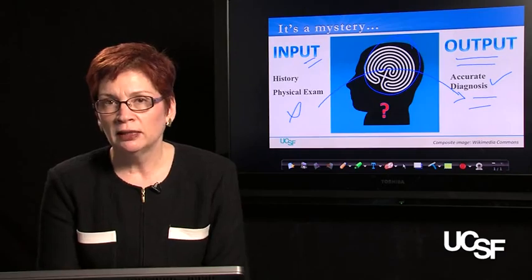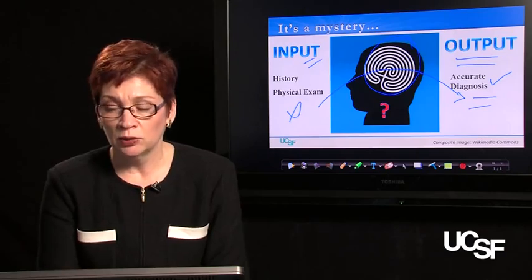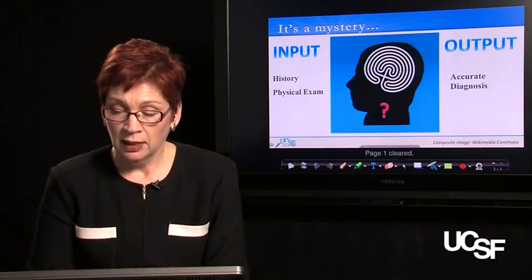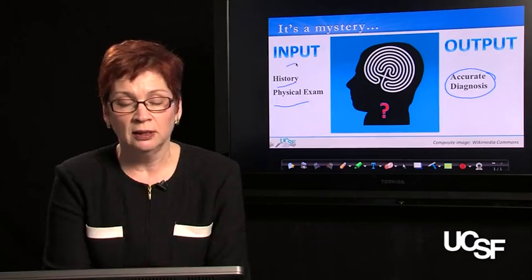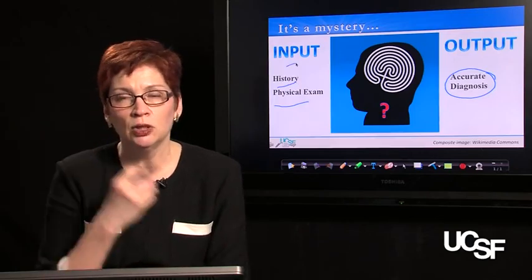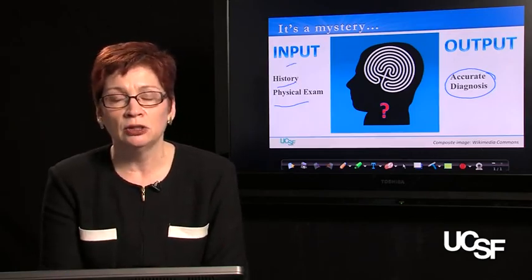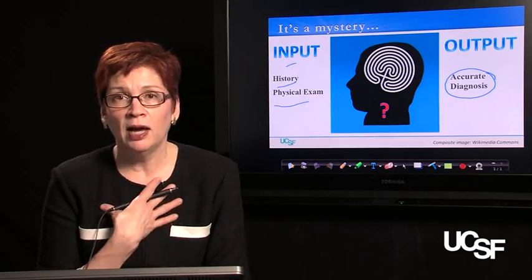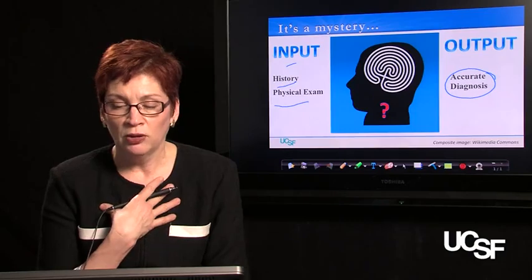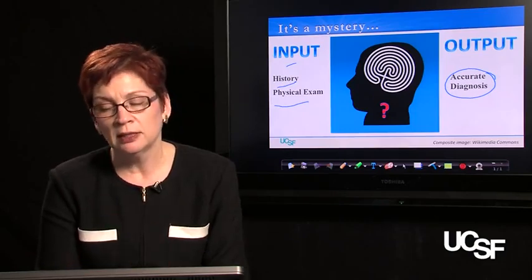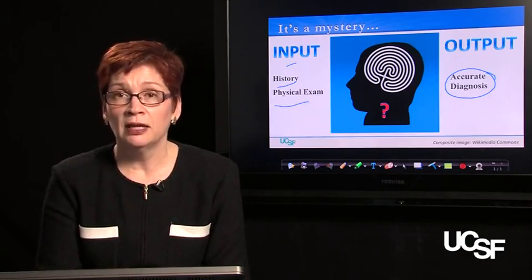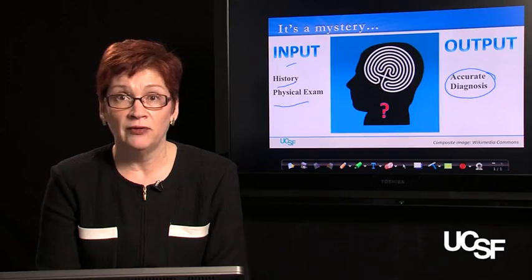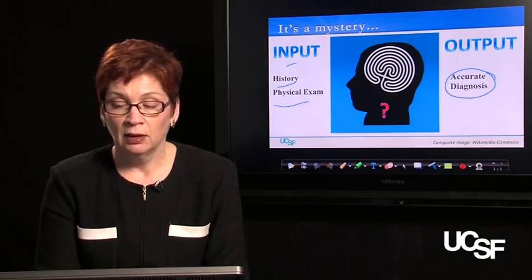But we don't really know that unless we can understand how the brain works well. For instance, if you get an accurate diagnosis after putting in this history and physical information and using your existing knowledge to solve the problem for the patient, how do I, as the faculty member, know whether that was because your thinking was right or whether it was a lucky guess? Sometimes both things happen in individual physicians and clinicians.